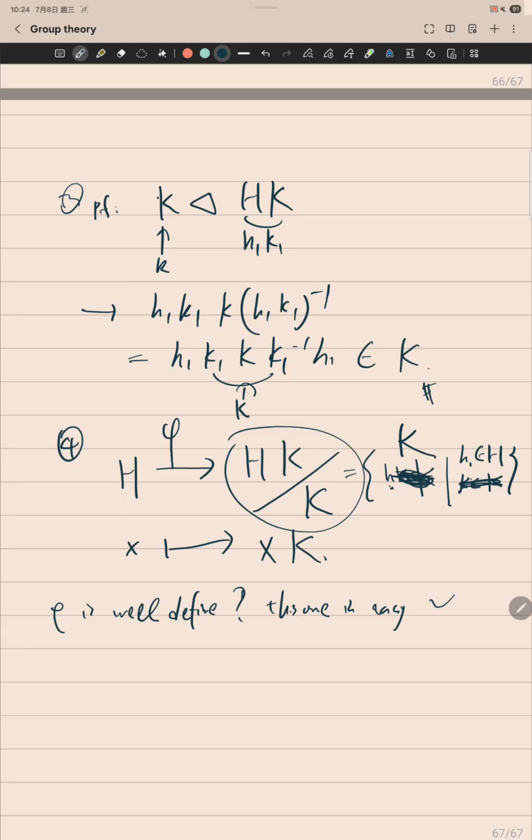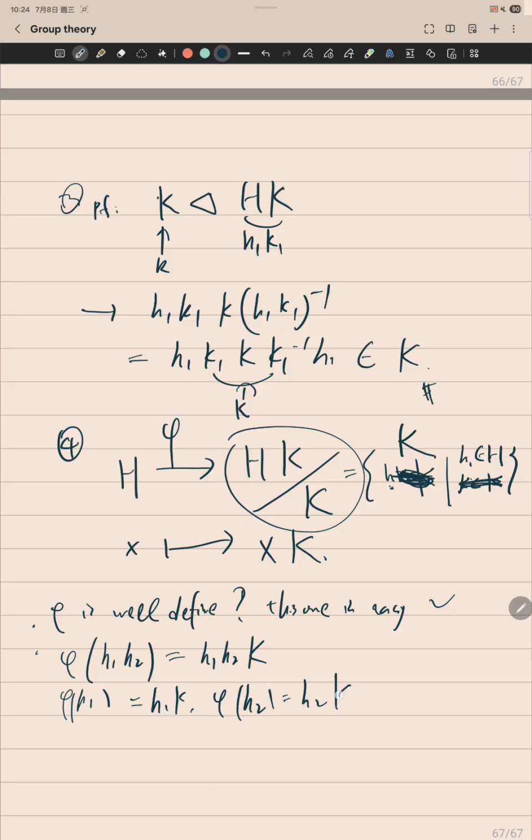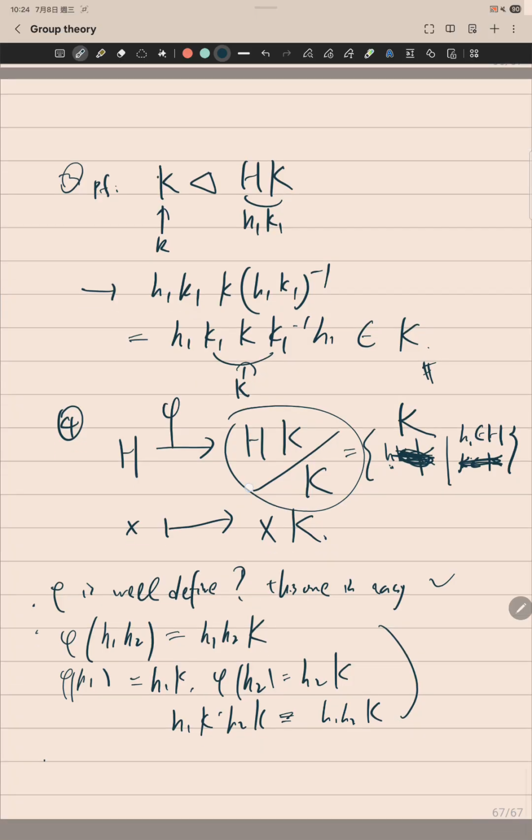So this is well defined, and phi is a group homomorphism. This is also trivial. Let's say if I take h1, h2, they map to h1 h2 K, then phi of h1 maps to h1K, phi of h2 maps to h2K. Then obviously on the right-hand side h1K, h2K viewed as a quotient group will be just h1h2K. So these are also trivial.